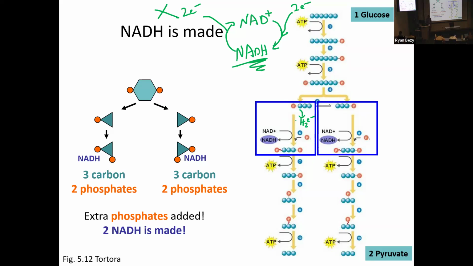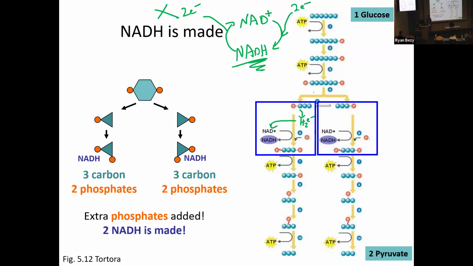And those electrons go onto NAD+ to make it NADH. You get those electrons off by replacing them with an inorganic phosphate group. When the phosphate group comes in onto the glyceraldehyde, it bumps a hydrogen and 2 electrons off. Those go into NAD+, converting it into NADH.